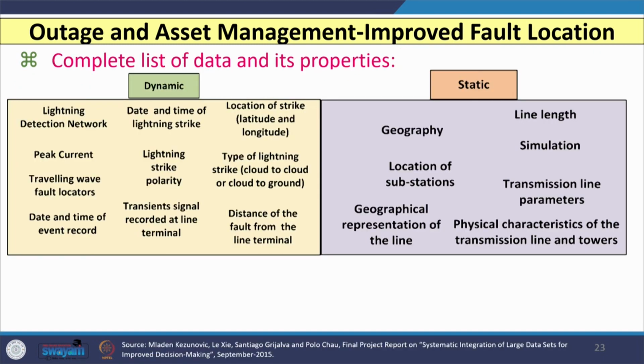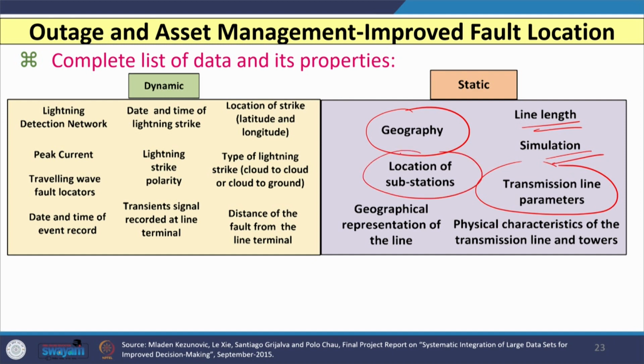If I consider the complete list and its properties, then we have some static data, let us say data related to geography, line length, simulation data, parameters of transmission lines, the location of substations, the geographical representation of the line, and physical characteristics of the transmission line and towers. All those data are static, they are not going to change.